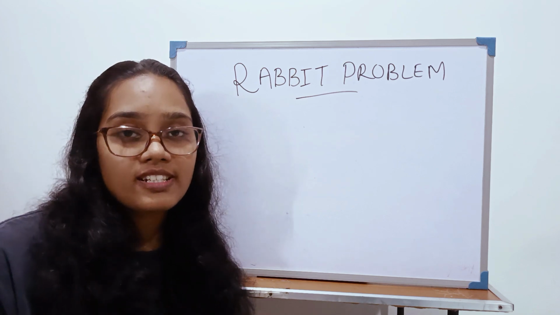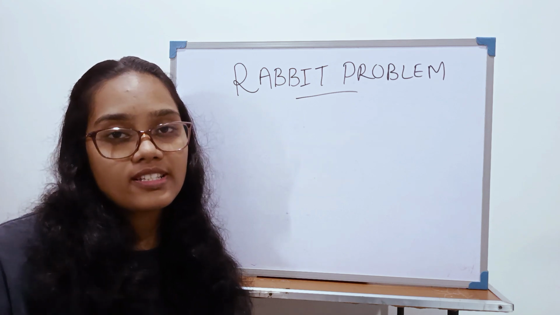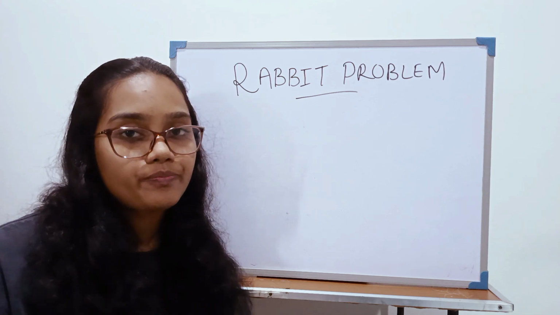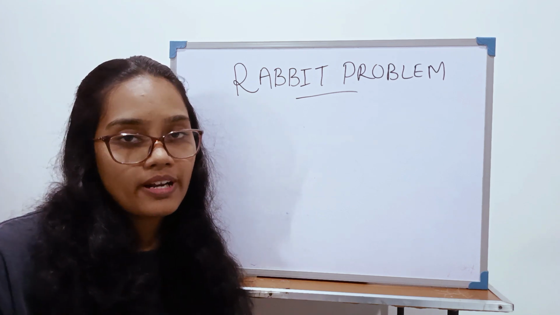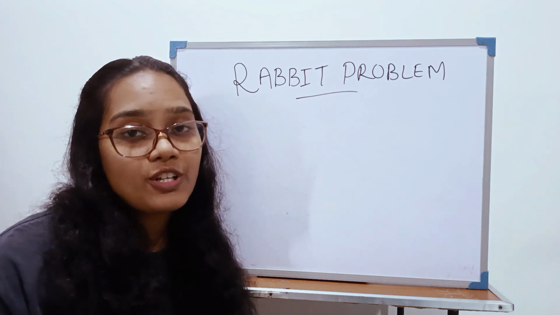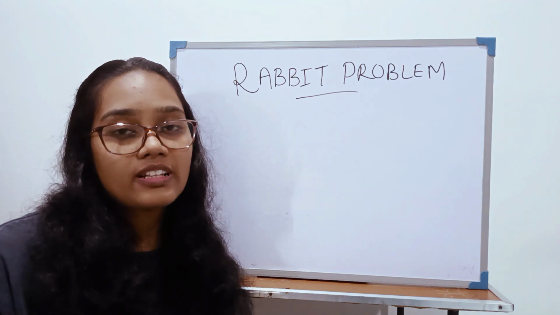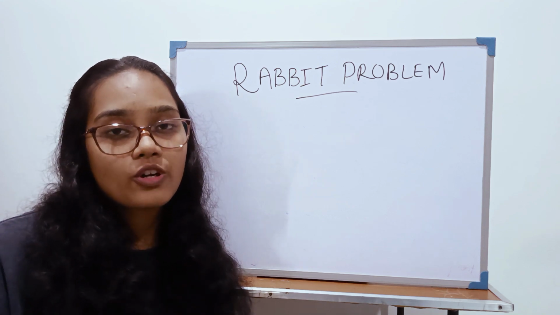These rabbits take 1 month to grow into breeders, that means grow into adults. Also, every month each of these adult pairs produces another newborn pair of rabbits. This is the story of this rabbit problem.